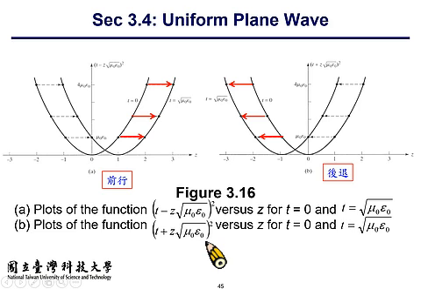If this is set to 0, we end up with dz over dt equals plus and minus 1 over square root of mu sub 0 epsilon sub 0.